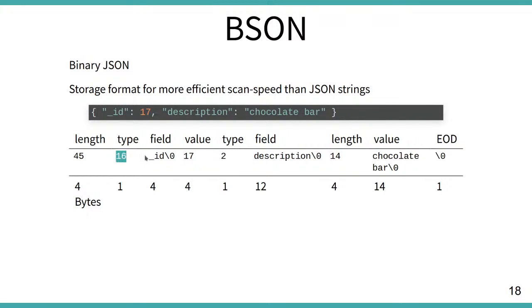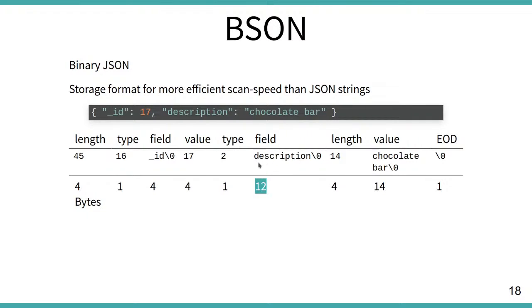So we store the type, then the name of the field, ID, and to indicate when the field name is finished, we have a \0 character here. So in this case the field is 4 bytes long. In this case the field is 12 bytes long, because that's the name of the field.